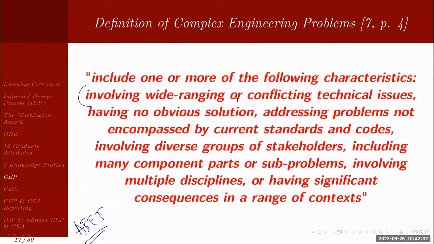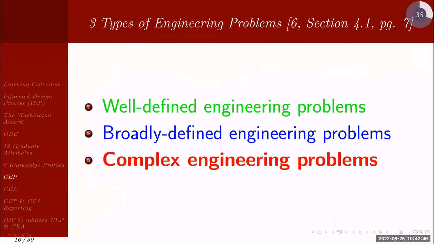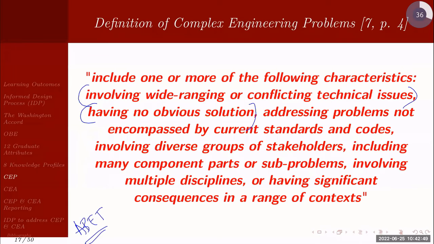Involving wide-ranging or conflicting technical issues, or having no obvious solution. It's unlike well-defined engineering problems. You don't have only one obvious solution, and it's difficult to imagine what the correct solution will be.